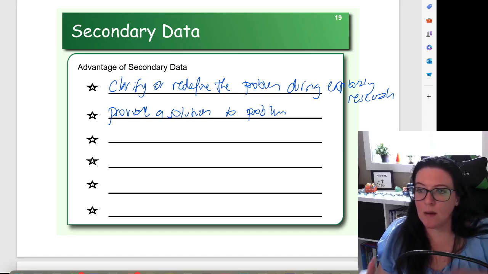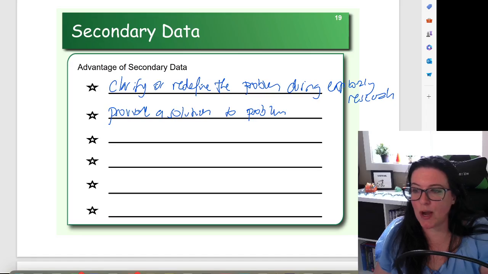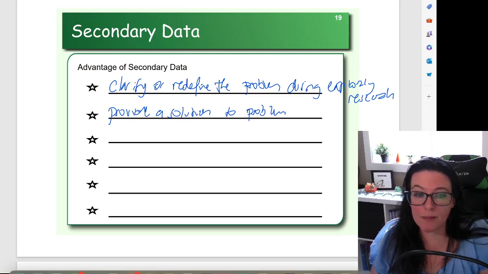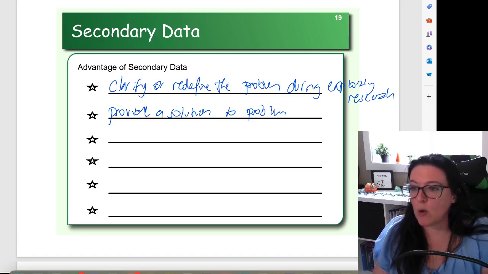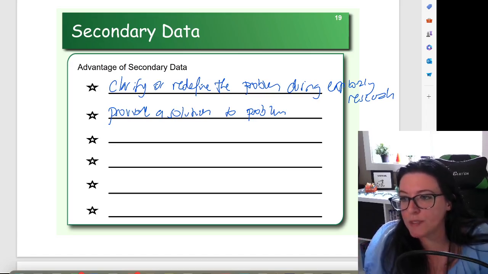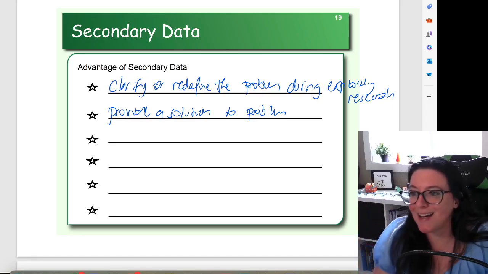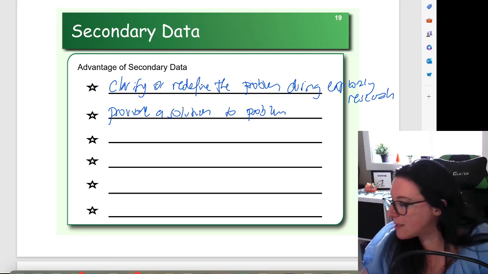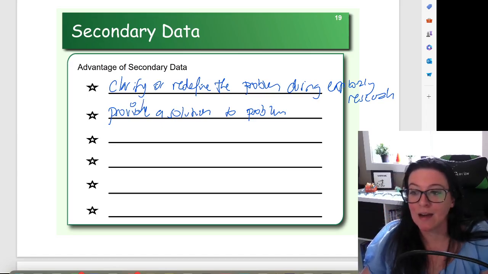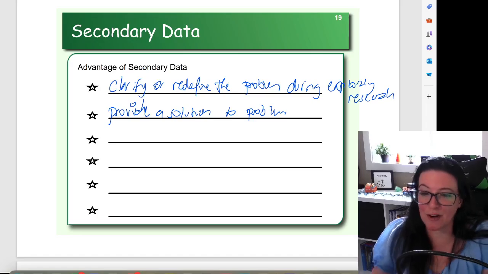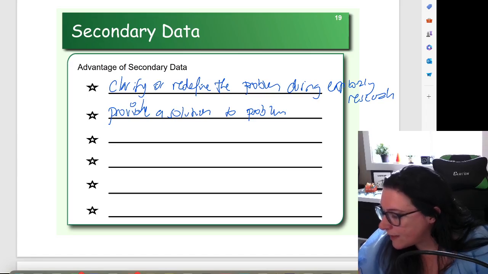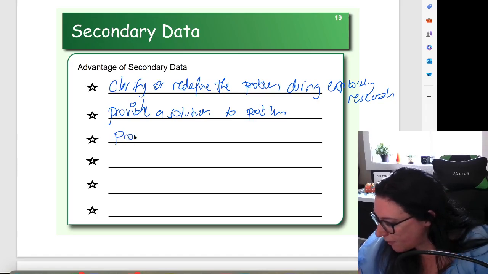If we, as an academic institution, are trying to decide which new programs to offer, we could look at what programs other people offer and what jobs there are in our region. That data is available and can provide a solution to the question of what new programs we should be adding. We don't have to do a bunch of surveys and interviews. That information already exists.